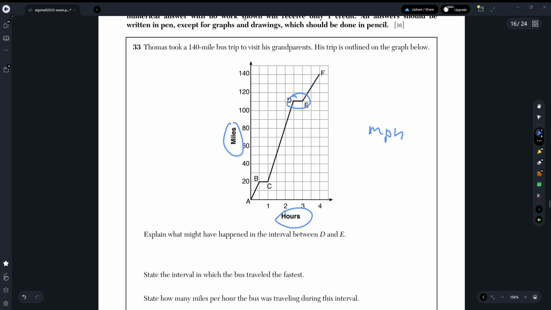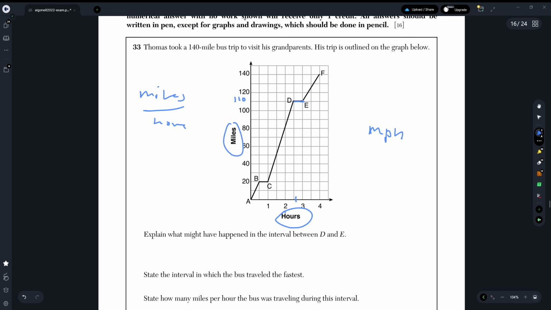So like I just said before, this is giving him miles over hours. So miles over hours, in other words, is just speed. So here we see that the slope isn't changing, right? That means that over here, he's not traveling any miles. He's staying at 110 miles for about half an hour, right?